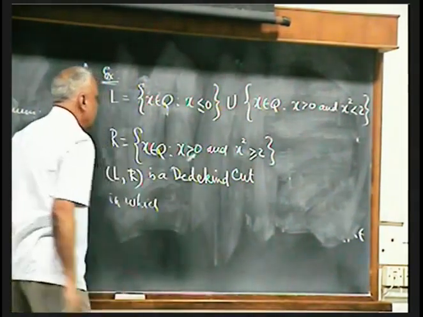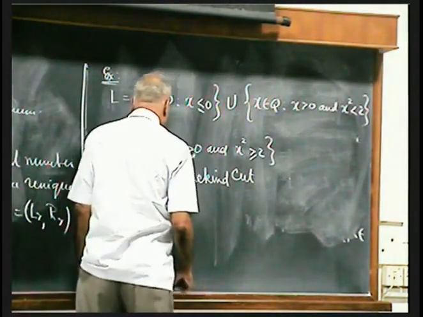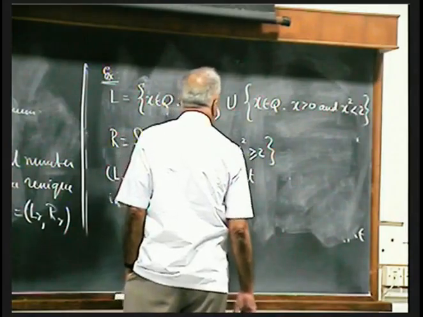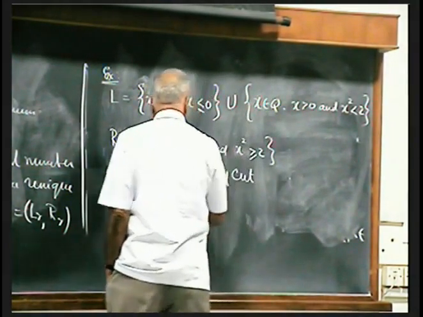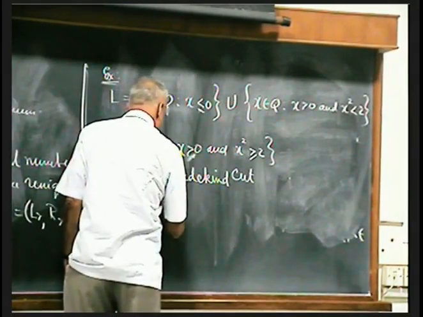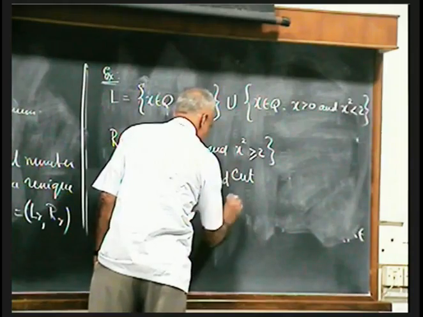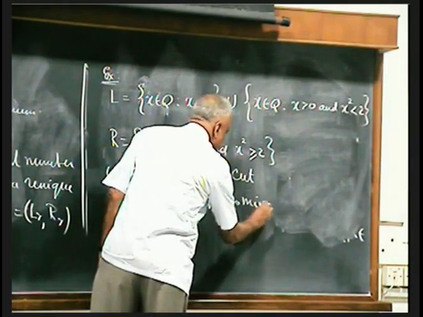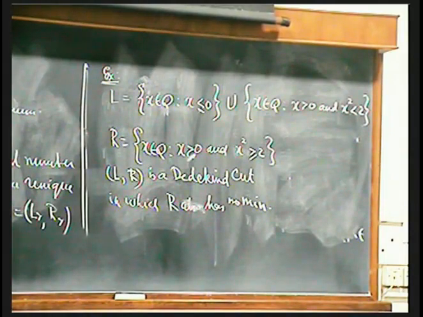in which, obviously, every x in L is less than every element in R. These are all negative. These are all positive. In which R also has no minimum. Okay, so that's what is called a Dedekind cut.